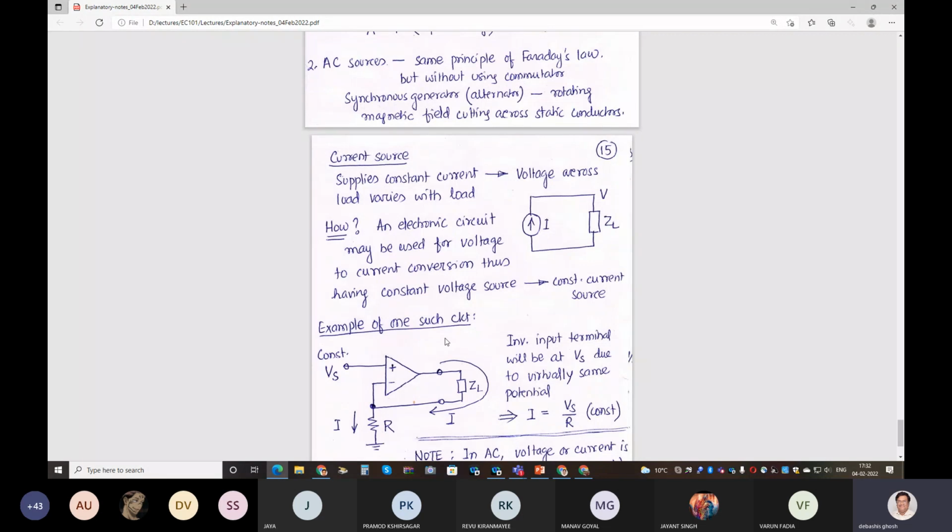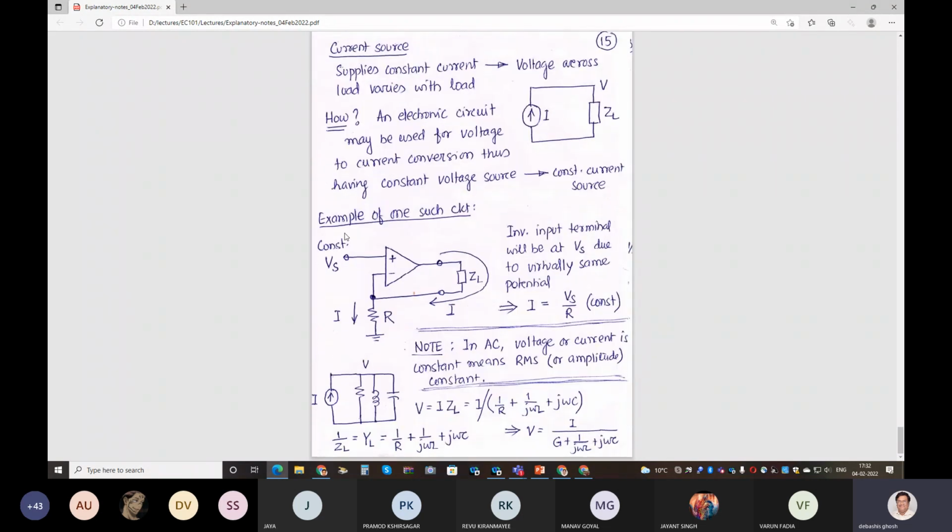Okay, how? I am showing one example. As we have discussed above, we have one constant voltage source supplying constant voltage. This is an op amp. I think you have already studied the op amp in your electronics part, so you have some basic idea. So this is the op amp and we are making a circuit like this. The load is connected here.